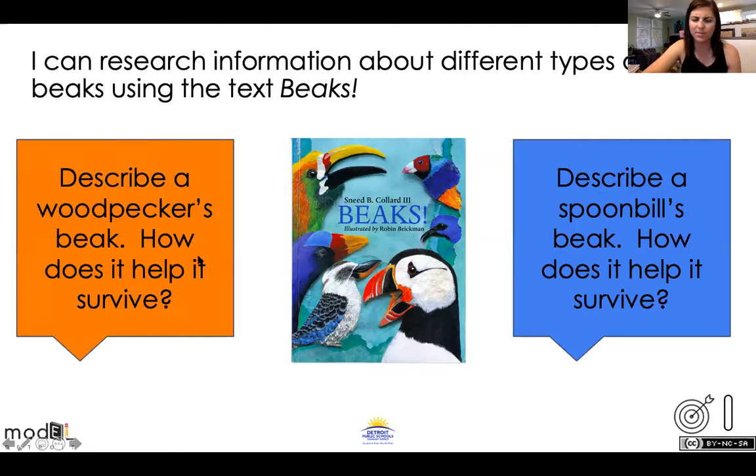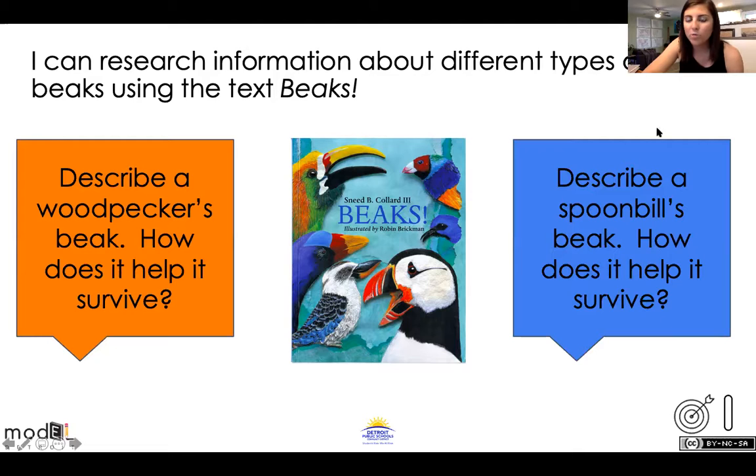How does it help it survive? I am actually going to look at my notes that I wrote down from yesterday. It says a woodpecker's beak is sturdy and strong. It helps the bird survive by pounding holes in the trees for food. You guys remember that? Yeah.